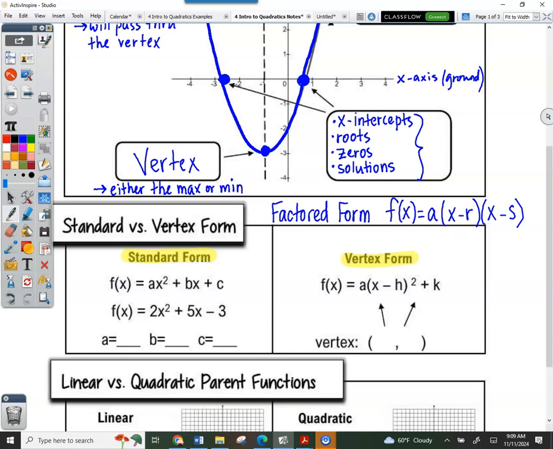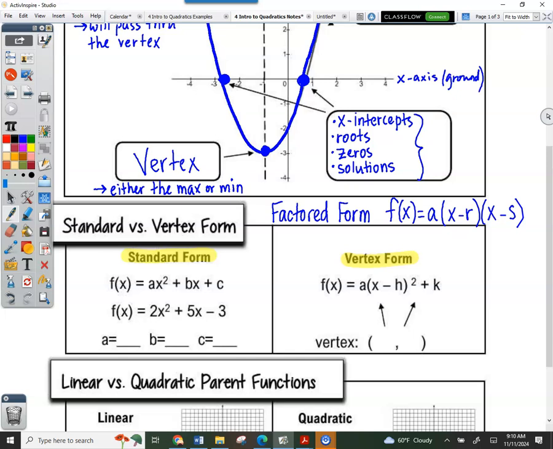When it's in standard form, this should look familiar because we used to rearrange polynomials in standard form, right? So this is old news. So this is in standard form, degree 2, it's quadratic. What is the leading term? 2x squared.